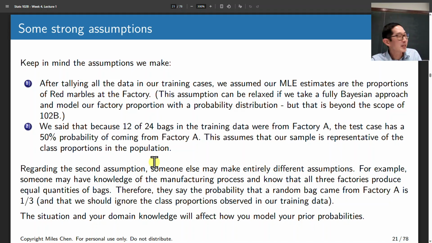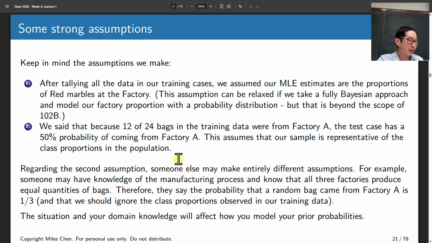And anyway, okay. And then the other big assumption was that, in my sample of 24 bags, 12 of them came from factory A. So I said, oh, factory A is responsible for half of the world's global marble production or something like that, okay? And again, maybe not a great assumption, okay?